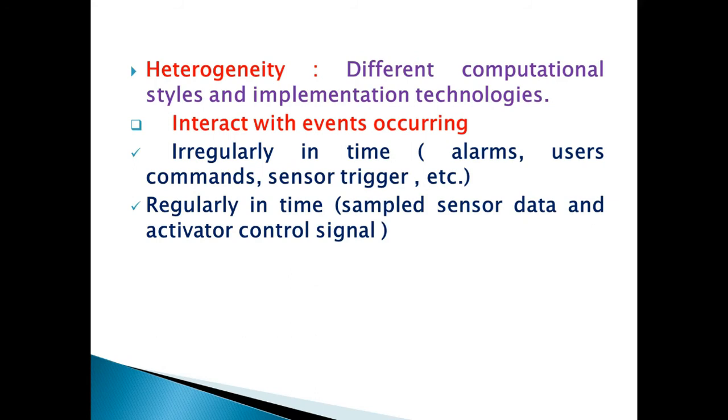Heterogeneity: different computational styles and implementation technologies. Interact with events occurring irregularly in time, for example an alarm, user's command, sensor triggering, etc. Regularly in time: sampled sensor data and actuator control signals.